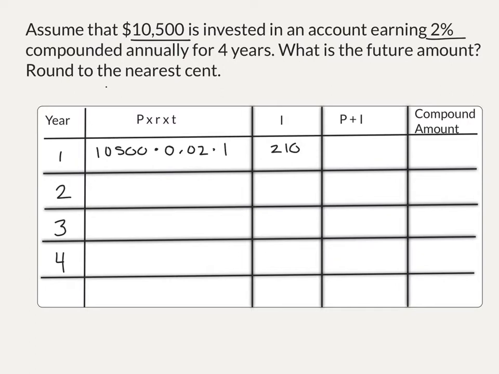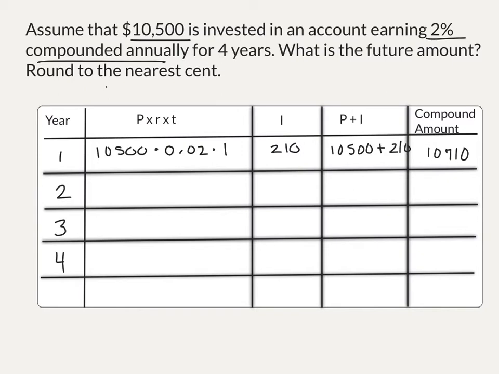Next, we're going to add the principal, which was 10,500, to the interest, which was 210. So 10,500 plus 210 gives me a value of $10,710. So that's the compound amount for year 1. Now this problem wants us to compound annually.